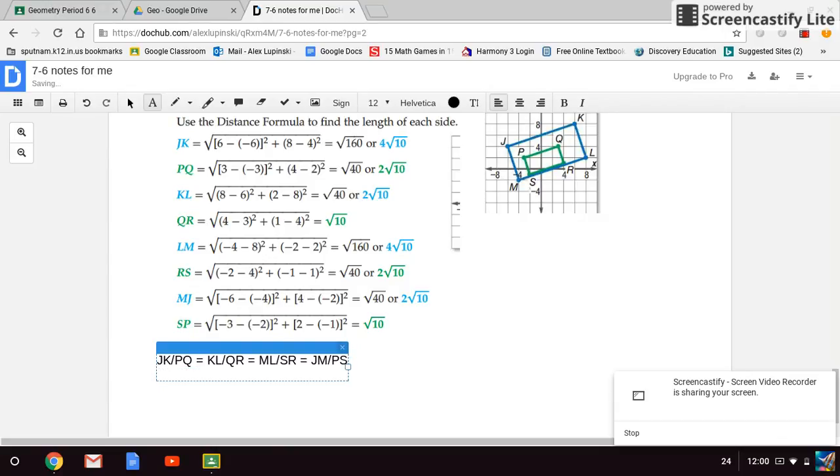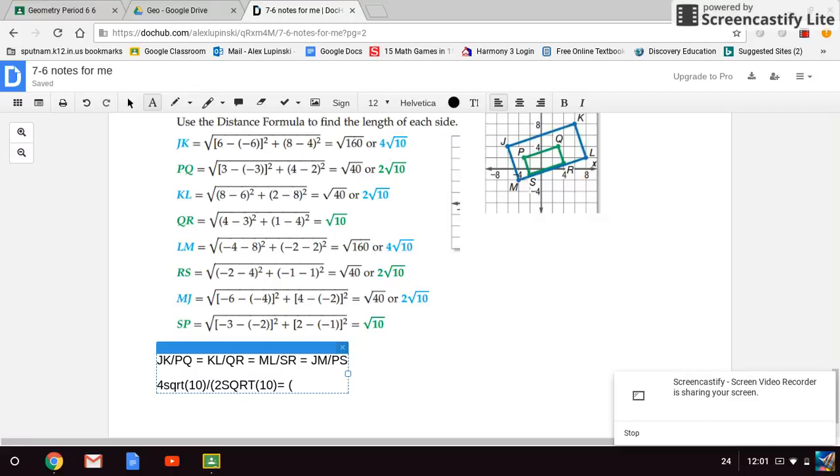So you do that. And JK is 4 square root 10, divided by PQ, which is 2 square root 10. Equals, and if you wanted, you could keep doing this.